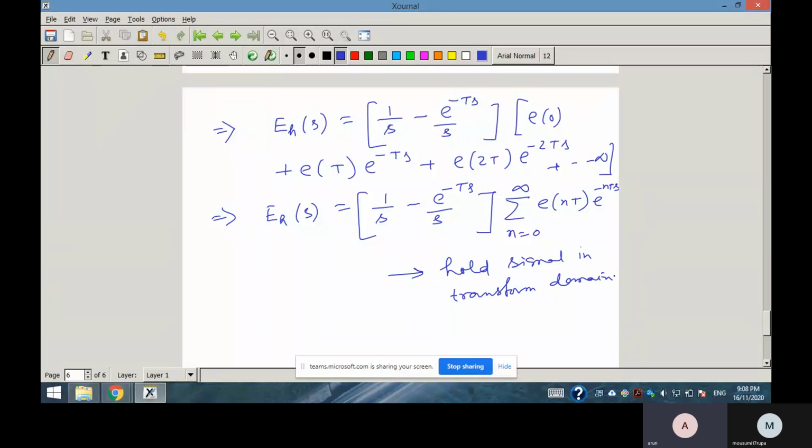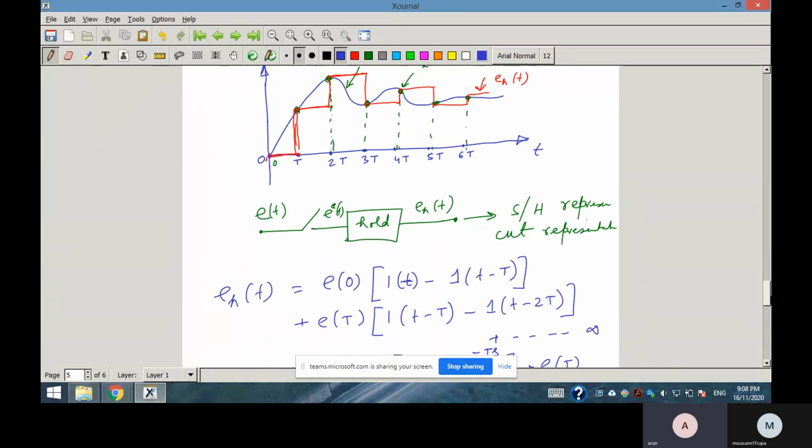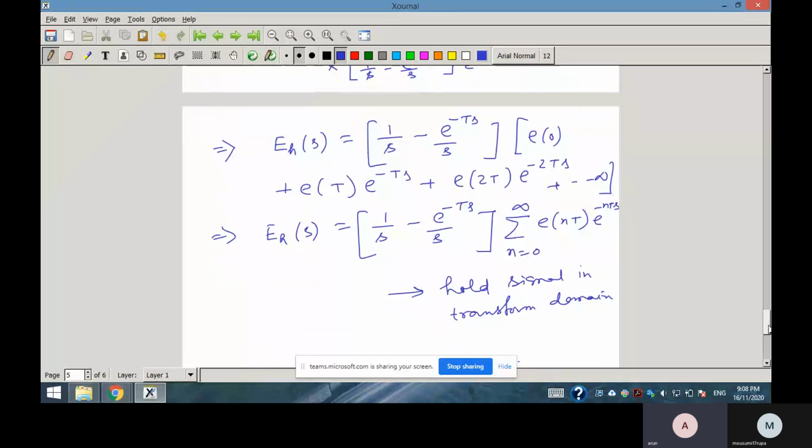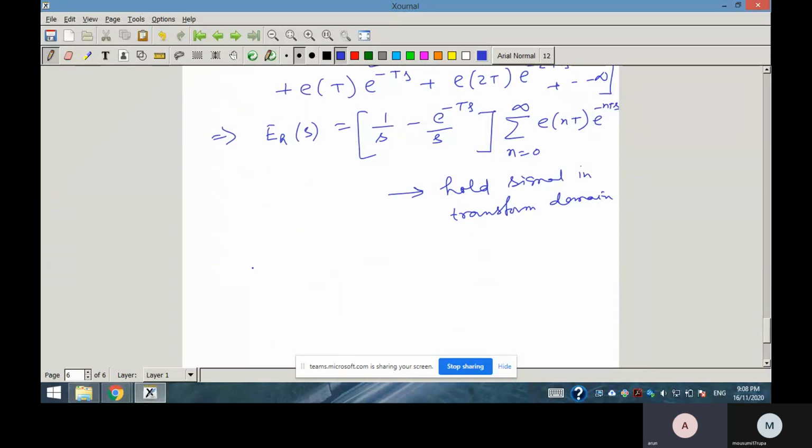Okay, so now what is the input of the whole circuit? The input of the whole circuit is the sampled output E star(t). What is your sampled output E star(t)?